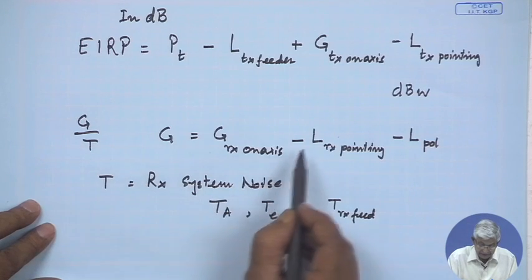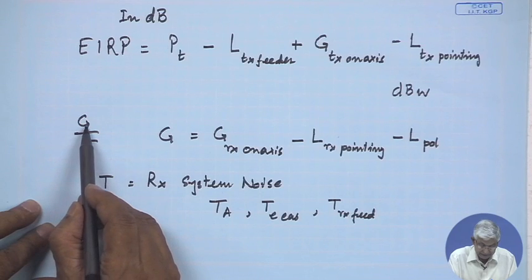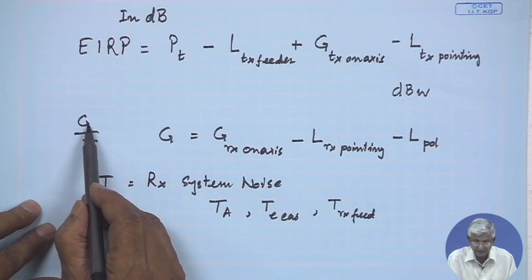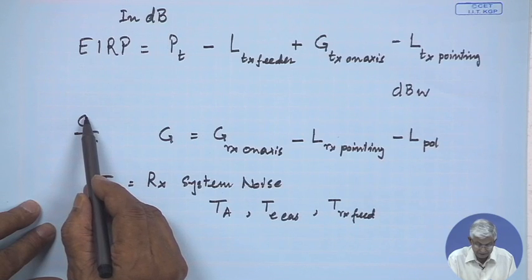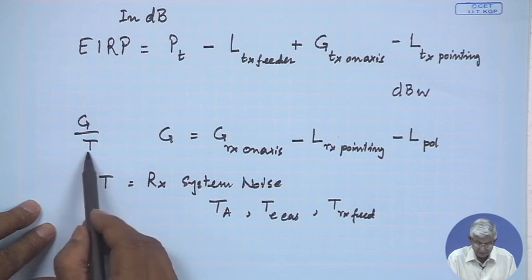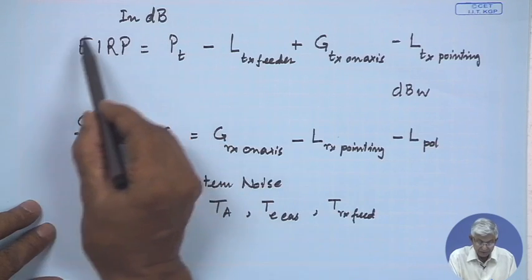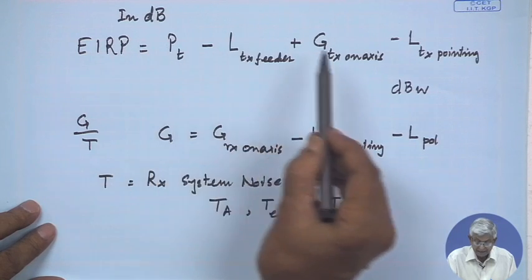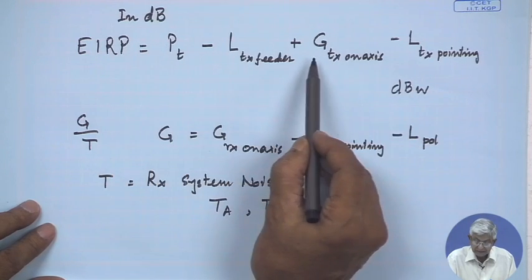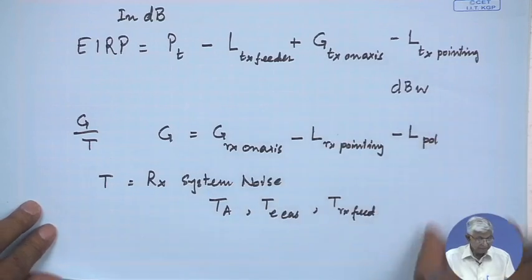So, the characteristics of the receiver are found from the G by T, and remember always this G is not the receiver gain or LNA gain, it is the gain of the receiving antenna, and T is of course the system noise temperature. And EIRP characterizes the transmit side, which includes the transmit power amplifier and related losses, the transmitter antenna gain and the related losses.